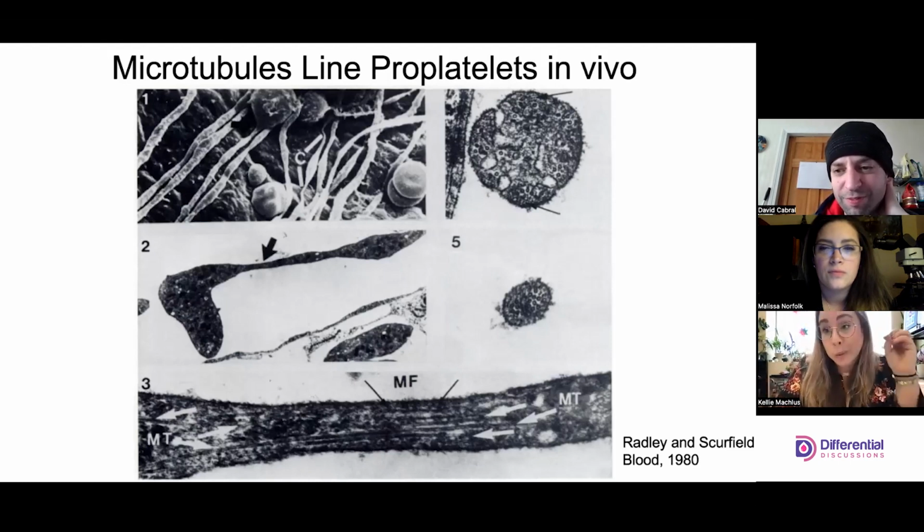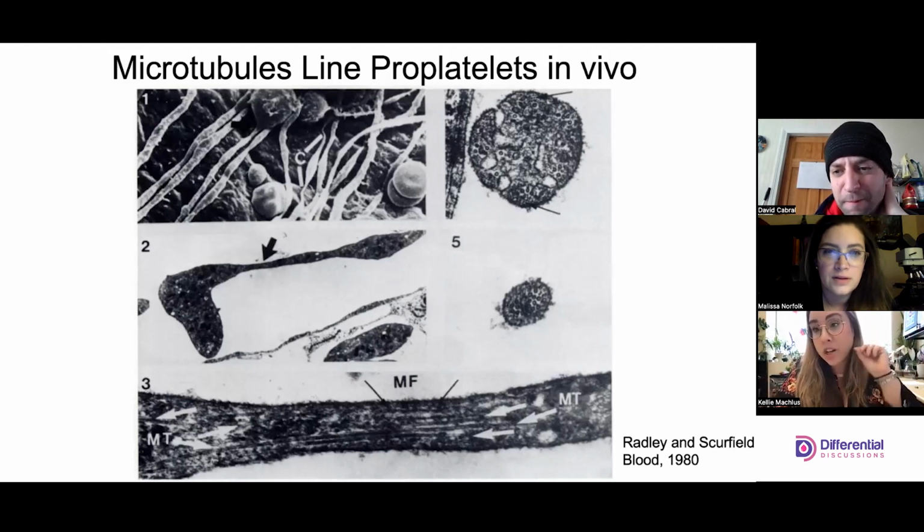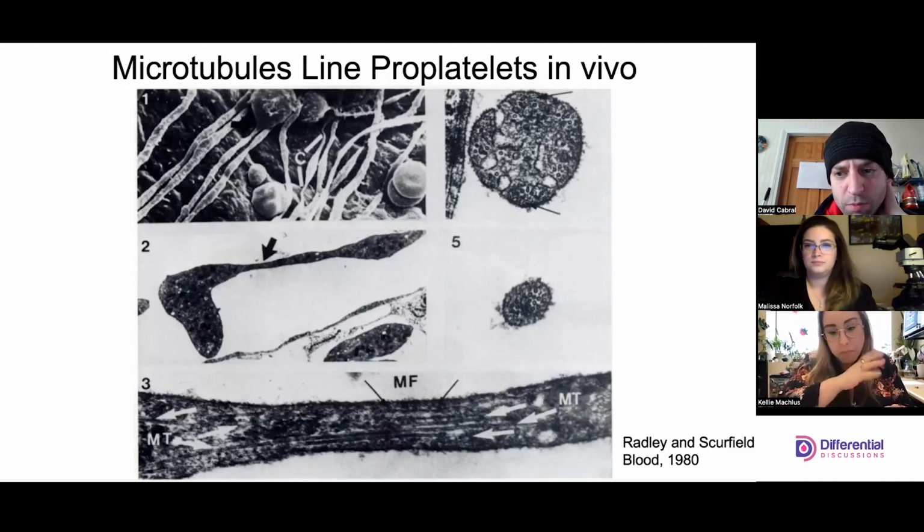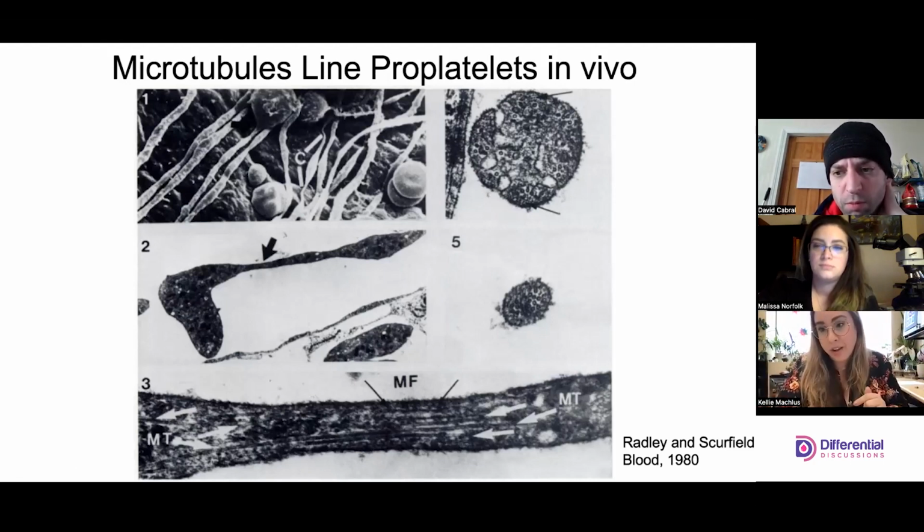What's cool is that the microtubules don't just act as the bones and muscles to power it, but they also act as a highway that the granules and the contents, all the organelles, the mitochondria, walk down. Very cool.